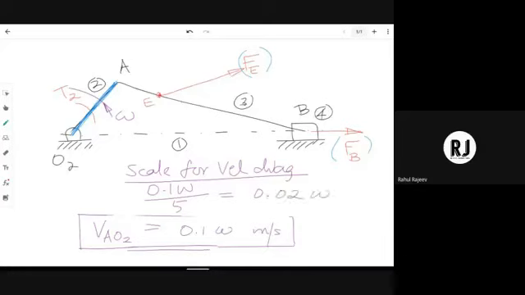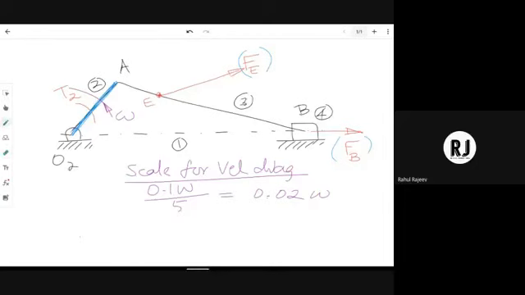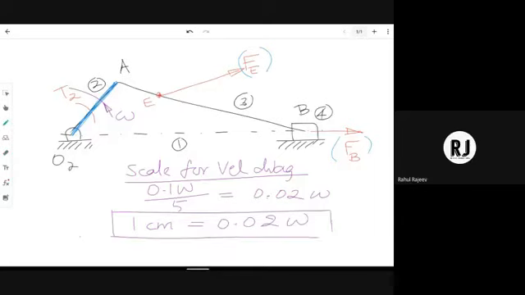So this will be 0.02 omega. That means the scale for the velocity diagram will be 1 centimeter is equal to 0.02 omega meter per second.